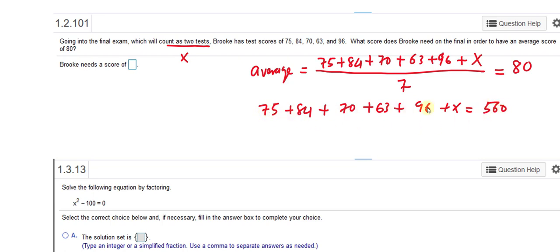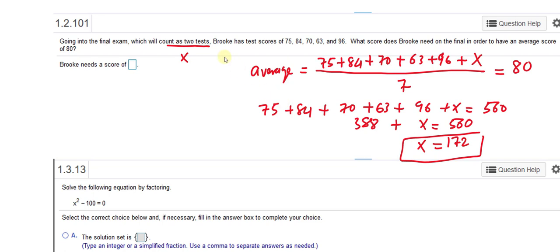Now you need to sum them to combine like terms. 75 plus 84 plus 70 plus 63 plus 96 gives me 388, plus x equals 560. Now solve for x: take 560 minus 388, so x is 172. So he needs to get 172 on the final exam in order to get the average score of 80.